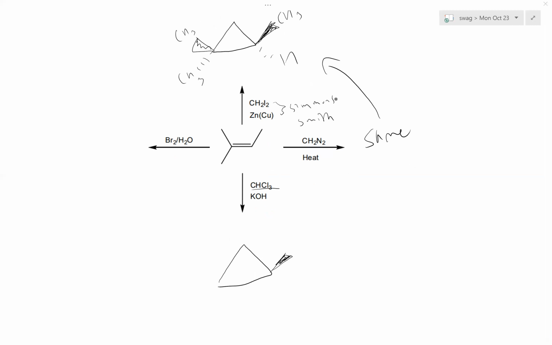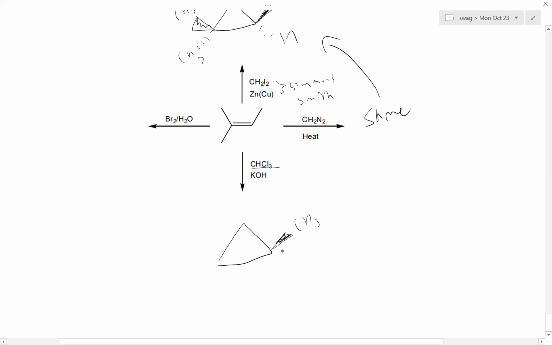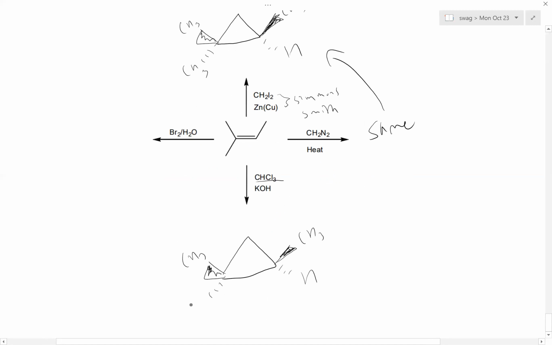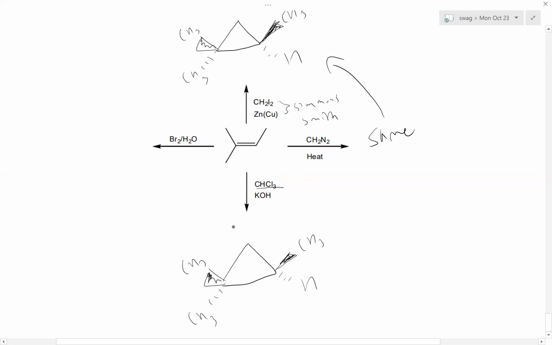Is it 1 chlorine or 2 chlorines? Yep. This one gives you a dichlorocyclopropane. Looks like that.